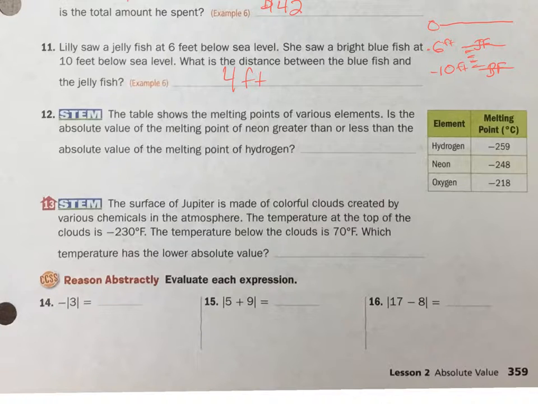Number 12. The table shows melting points of various elements. Is the absolute value of the melting point of neon greater than or less than the absolute value of the melting point of hydrogen? Okay, so we're talking about neon right here and hydrogen. So let's get the absolute values of those. The absolute value of negative 259 is 259.